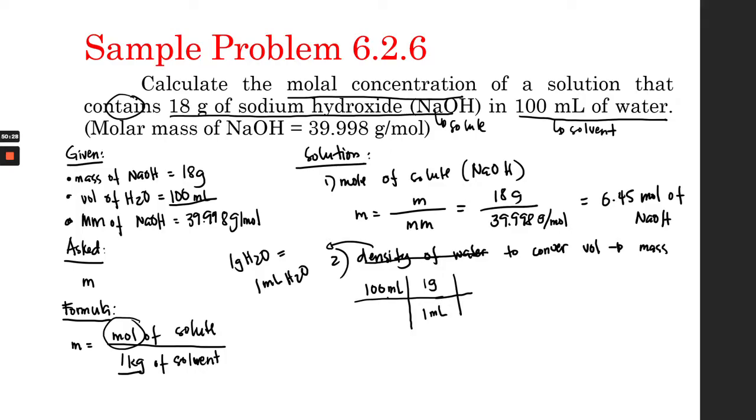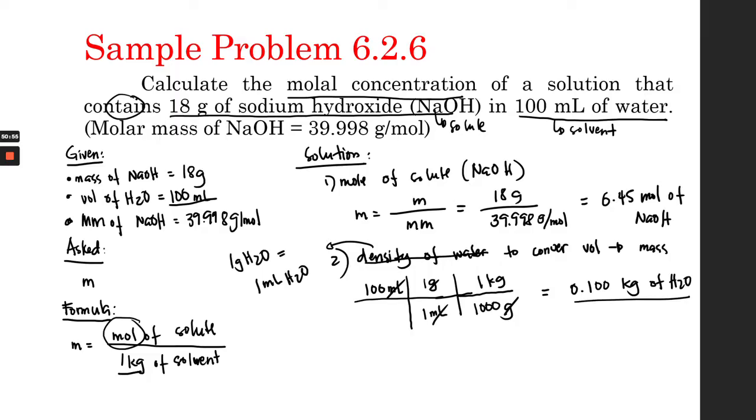So we can remove ml, and then we have to change grams to kilograms. And we know that 1000 grams is basically equal to 1 kilogram, which gives us the value of 0.100 kg of H2O.